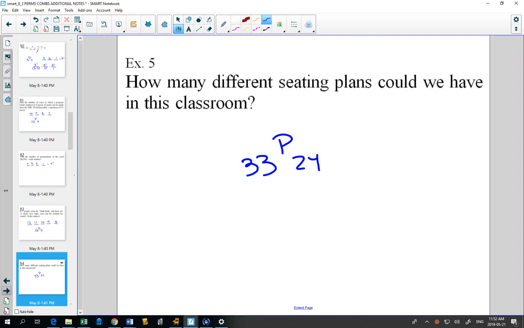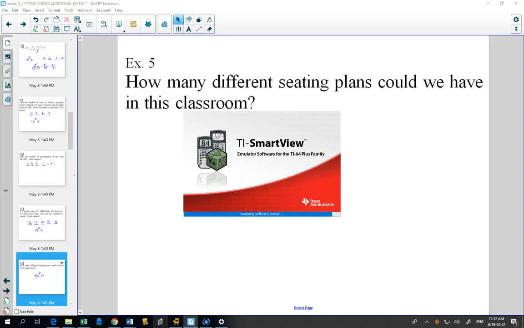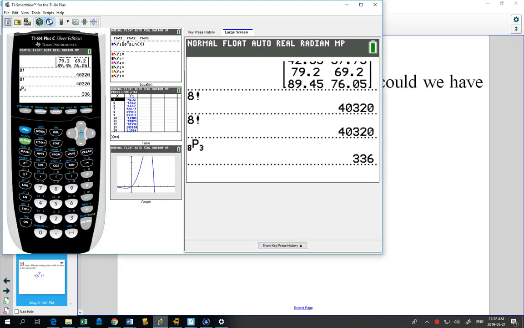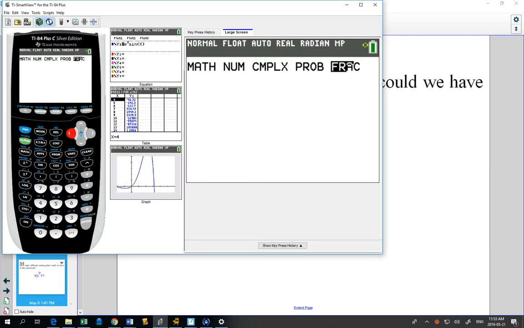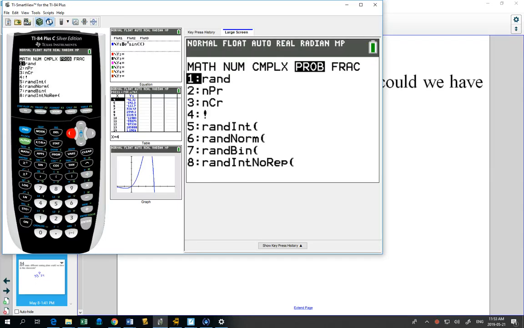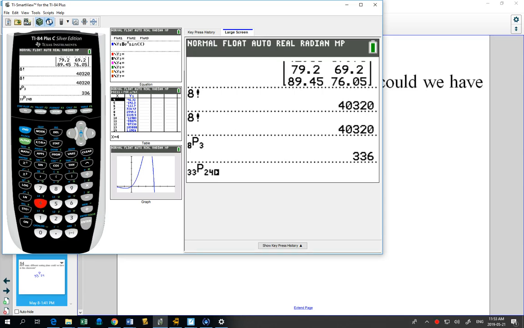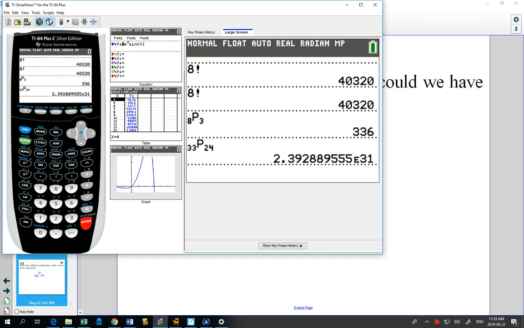And if we go to our calculator and actually figure this out as a value, math over to probability, number 2, 24. 33P24, we get 2.39, and then that E31 means scientific notation, times 10 to the 31.